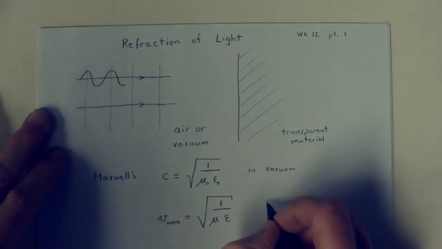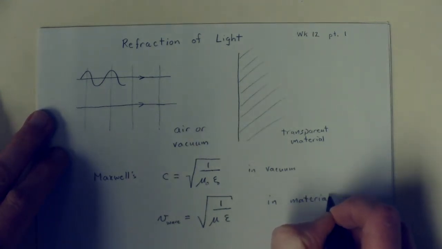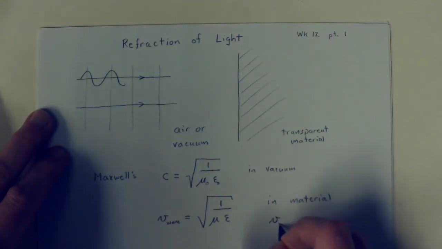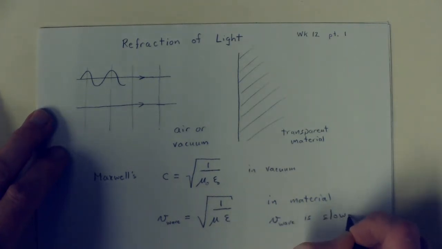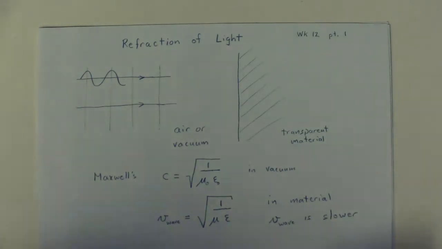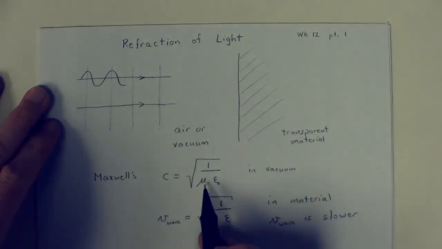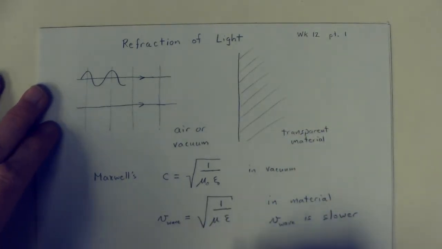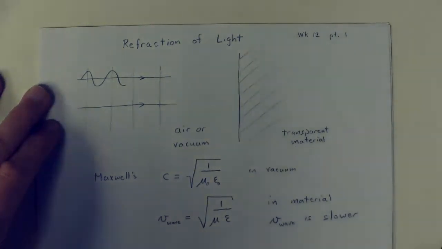And the result of that is that in a material, the speed of light, the wave speed, is slower. It slows down. And what we do then is define something that characterizes that material, puts it all together, rather than having to keep track of what's mu and what's epsilon in these materials. All we really want to know is what is the speed of light in them.